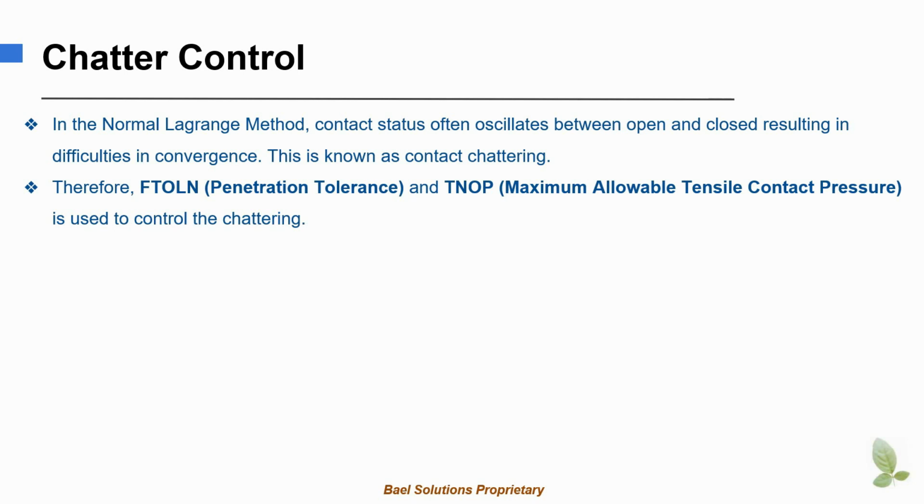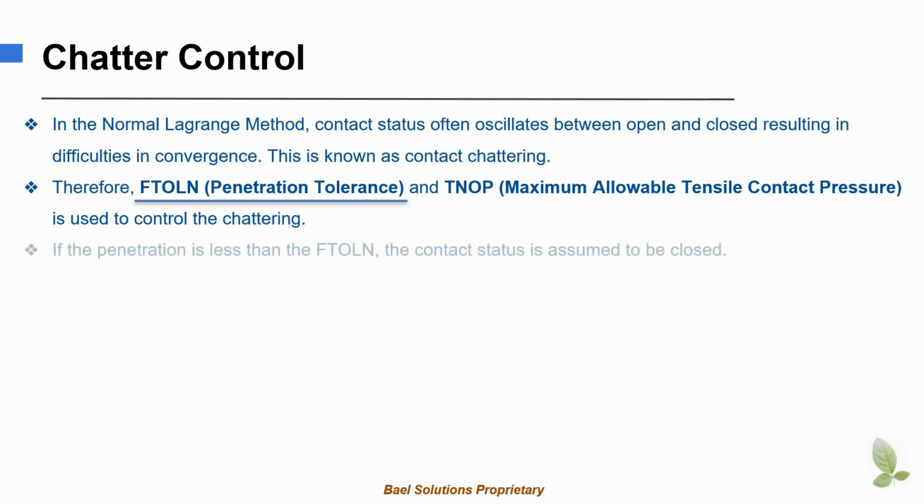Penetration tolerance is the tolerance value for the penetration. If the contact penetration is less than the penetration tolerance, the contact status is assumed to be closed, and no separating force is generated at the interface. Similar to the normal stiffness factor, penetration tolerance, or FTOLN, is a scaling factor.